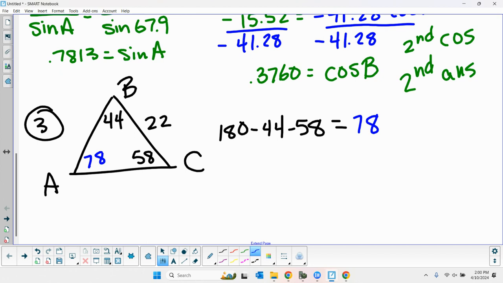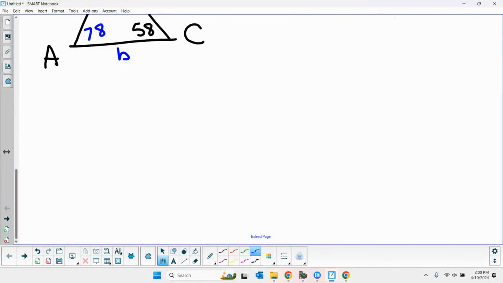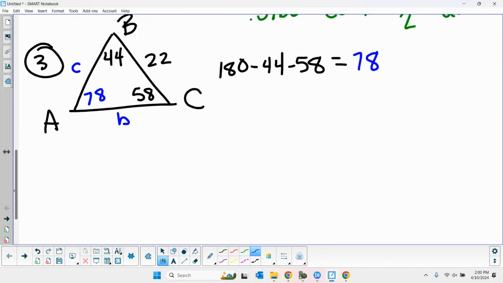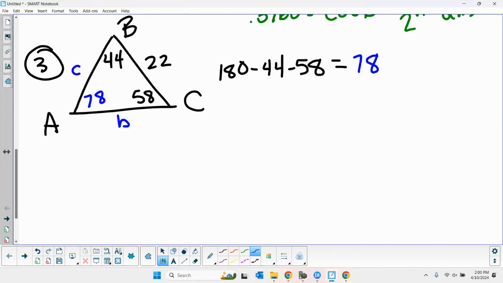Any problems with that part? And then I set up my law of sines. Doesn't matter which one you find now. I need to find side C and side B, right? So I'm just using law of sines. Again, doesn't matter if you get the smaller one or the larger one first on this. It's just when you go from law of cosines to law of sines, you got to go to the smaller one.